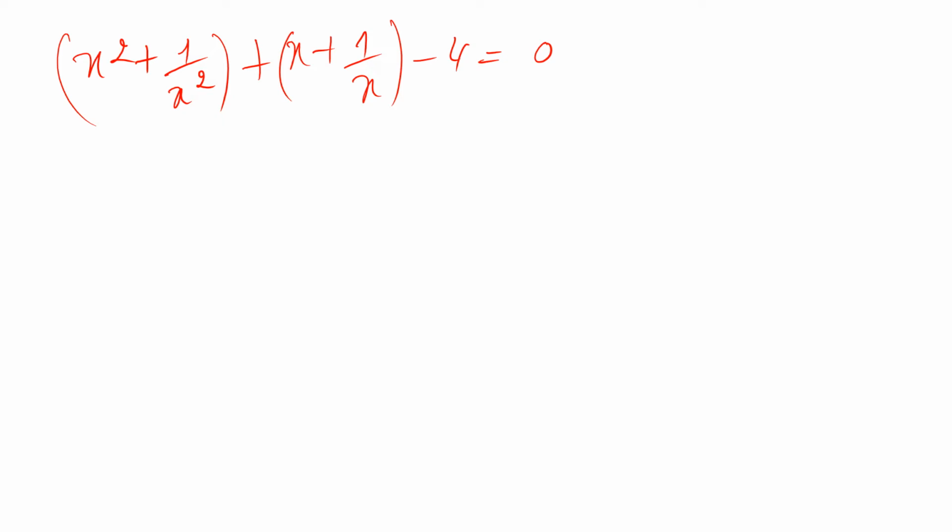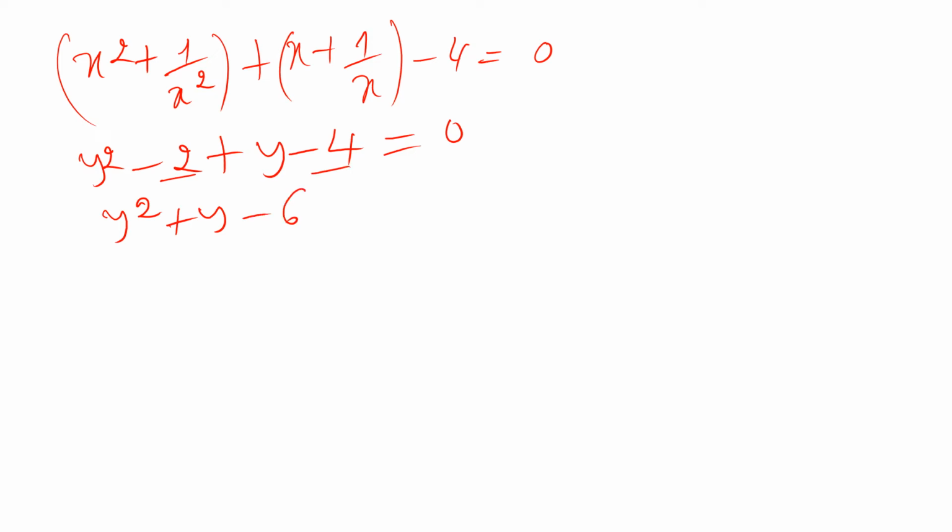And we have seen that x squared plus 1 over x squared is equal to y squared minus 2, plus x plus 1 over x, which is equal to y, then minus 4 equals 0. Then you have y squared plus y, negative 2, negative 4, it is negative 6 equals 0.